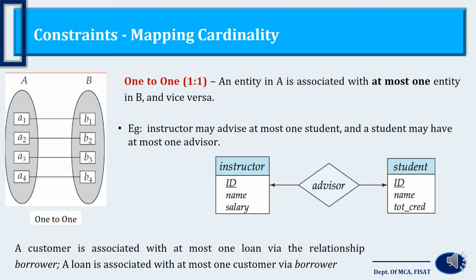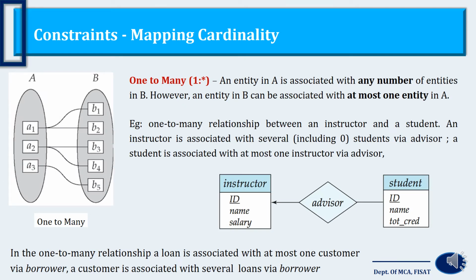So only one customer has only a single loan. That is also an example of one-to-one mapping.